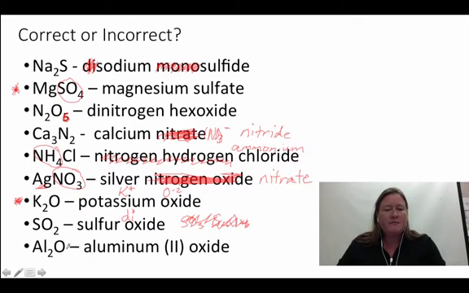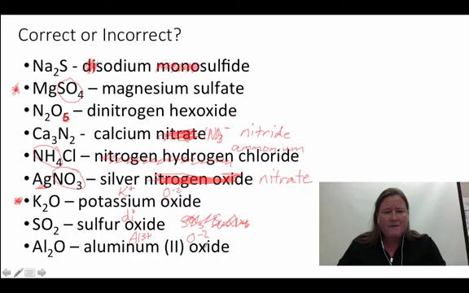The next one is pretty tricky. We have aluminum, we have oxygen. Aluminum is a metal, so we shouldn't have any prefixes. That's good. Let's just see if the formula for aluminum oxide is right. Aluminum has a +3 charge. Oxygen has a -2 charge.